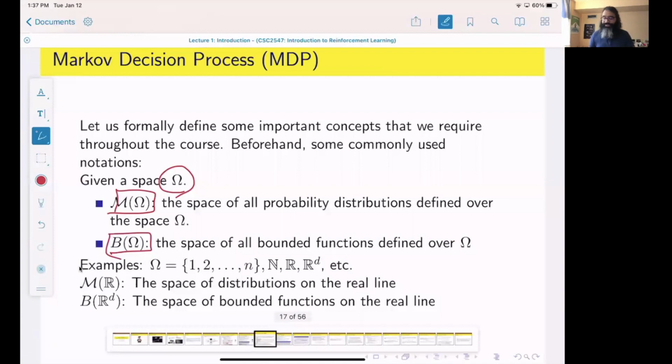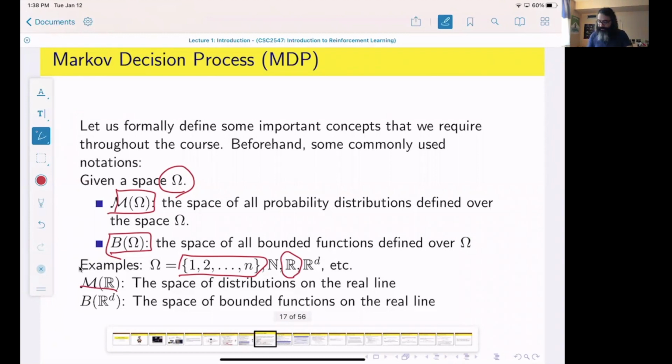To make it clearer, suppose omega is the set 1 to n. Then M of 1 to n would be the space of all discrete probability distributions with n elements. Or if I define omega equal to R, M of R would be the space of distributions on the real line, such as Gaussian distribution, Laplace distribution, things like that. But I want to talk about all possible distributions. So this is just a notation.